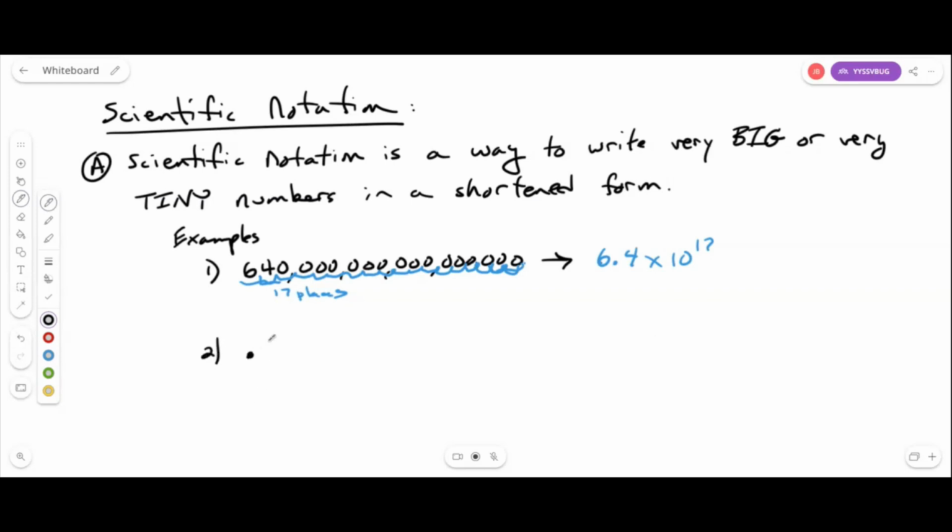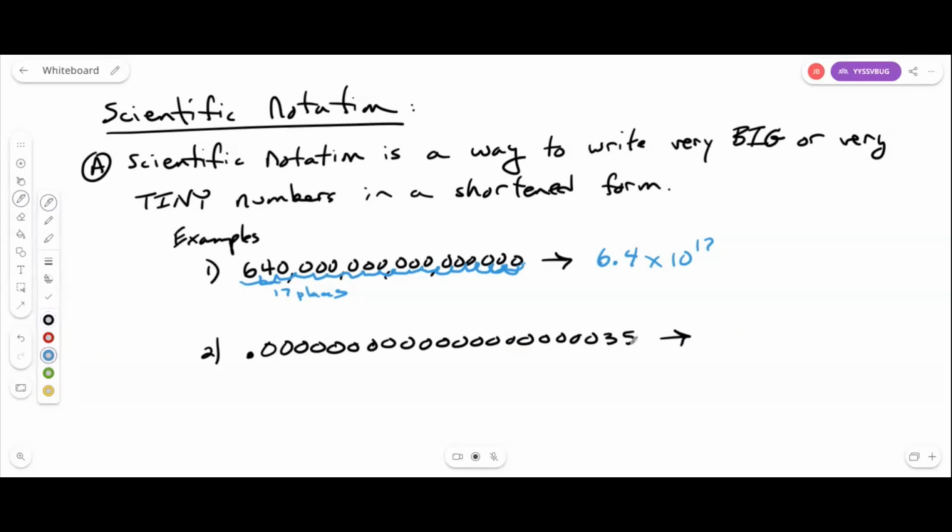On the other hand, and again, if you don't understand that process, that's fine. It's coming. I just want you to see what I'm talking about: taking a big number and writing it in a shorter form, or a tiny number with all those zeros before we actually get into any significant digits, and writing it in a short form.